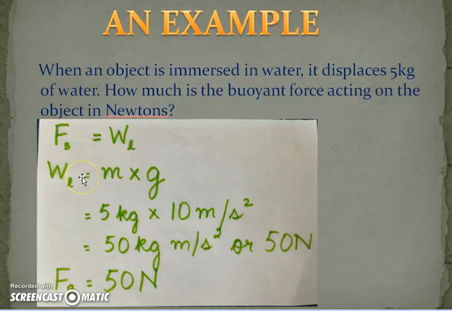And the weight of the liquid displaced is obviously equal to the mass times the acceleration due to gravity. So 5 kg times 10 meters per second square, and you get the answer 50 newtons. And weight of liquid displaced is equal to the buoyant force, so the final answer is 50 newtons.